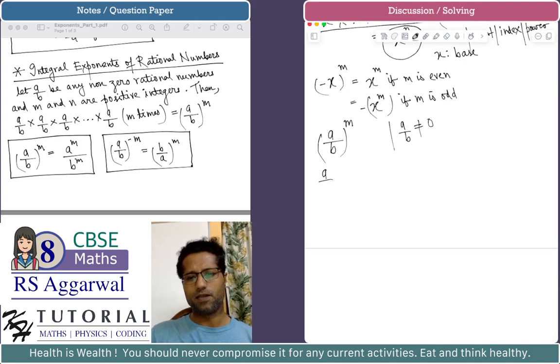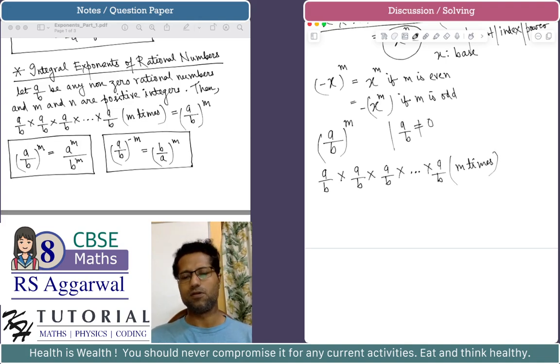When we multiply a rational number, let's say a by b, which is a non-zero rational number, m times, we write this repeated product of the rational number a by b m times in the short notation as the rational number raised to the power m.